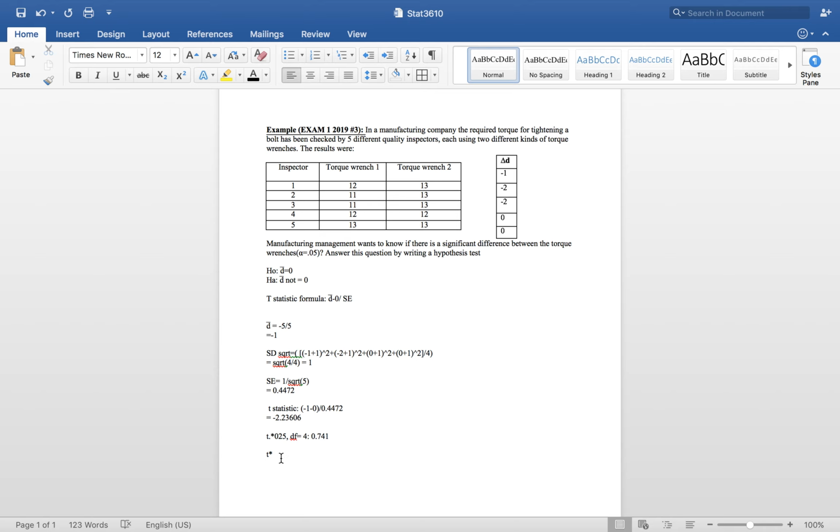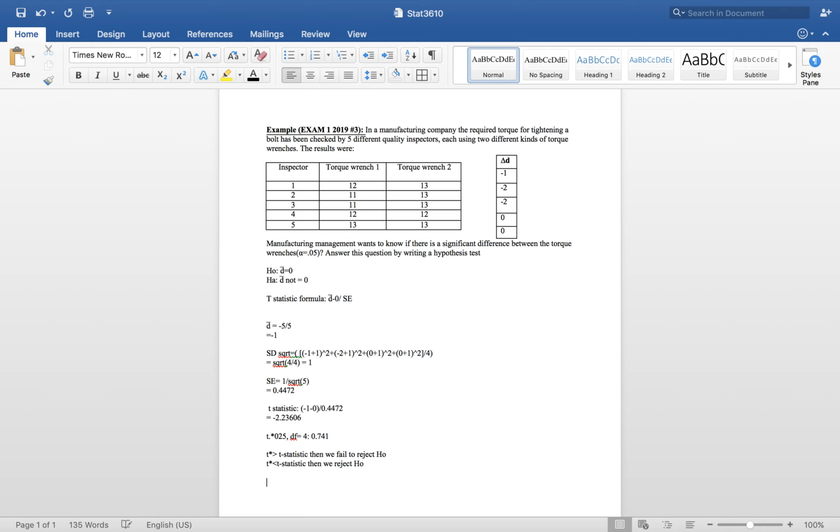If our t star is greater than our t statistic, then we fail to reject H0. Likewise, if our t star is less than the t statistic, then we reject.